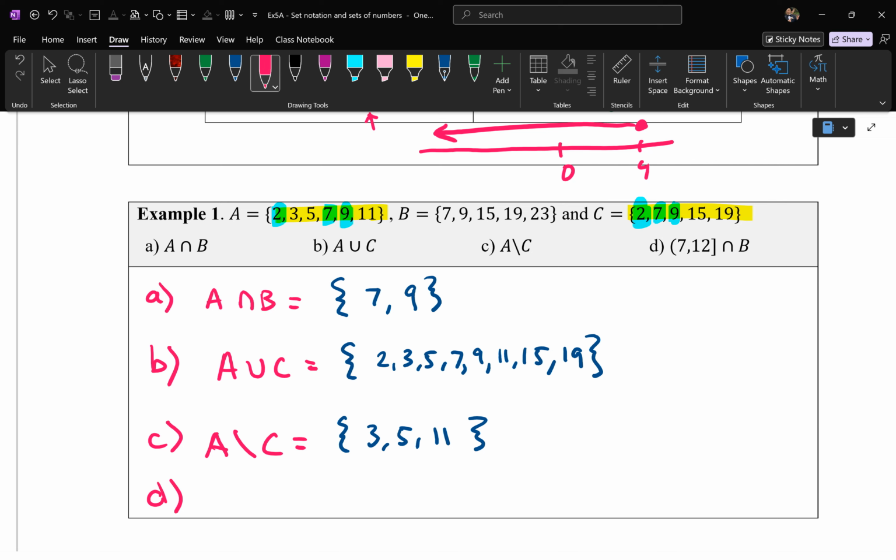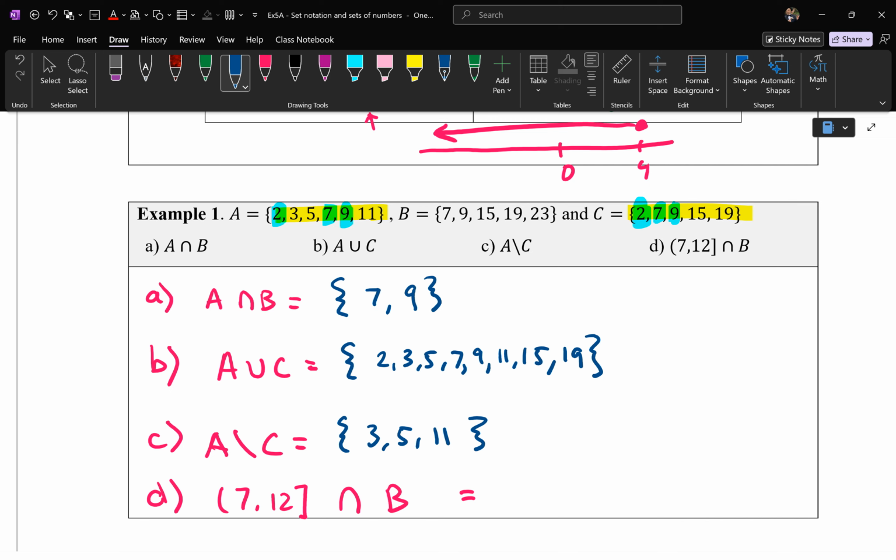D. What does this mean? Read the symbol. You've got 7 to 12, and the brackets are there, but intersect B. What are they trying to say here? Let's go with Christina. What do you think they're trying to say? Did you say union?